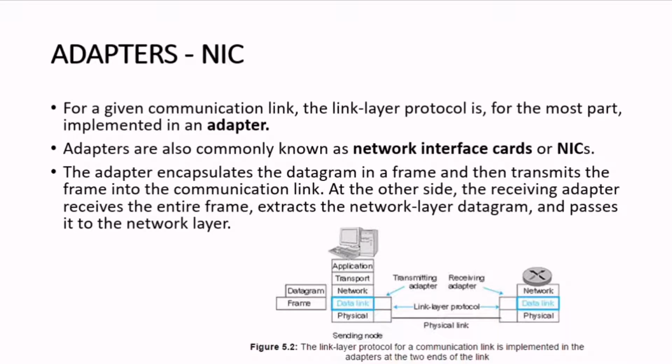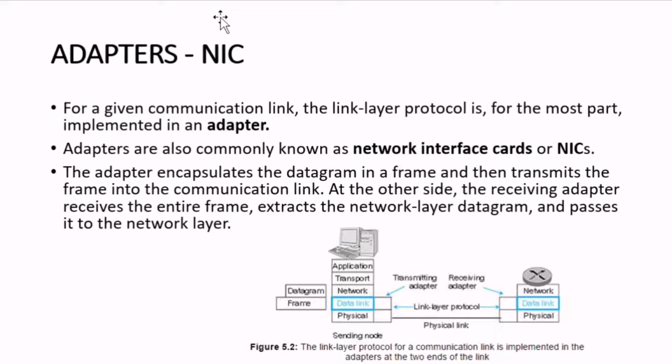These are the main components in the data link layer, which is the adapter or NIC, network interface card. For a given communication link, the link layer protocol is for the most part implemented in this adapter, the NIC. Every computer, whether wireless or wired using LAN, has a NIC.